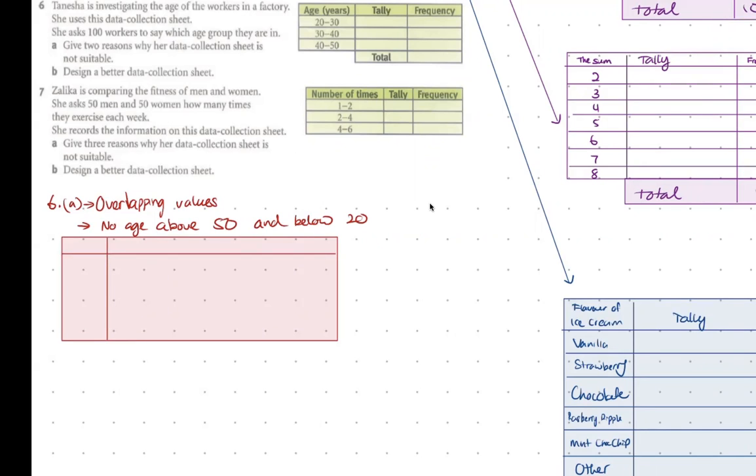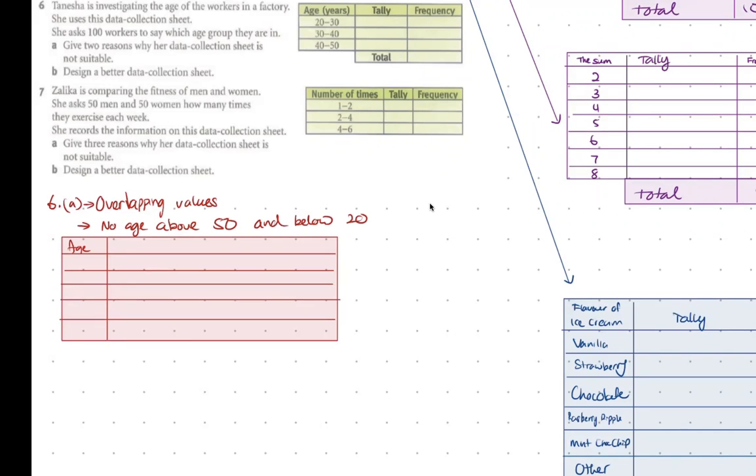So age is less than 20, so I need 5. 1, 2, 3, 4, 5. Total 100 workers. So age, tally, and frequency is always there.